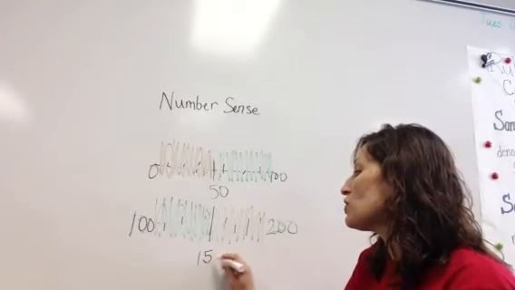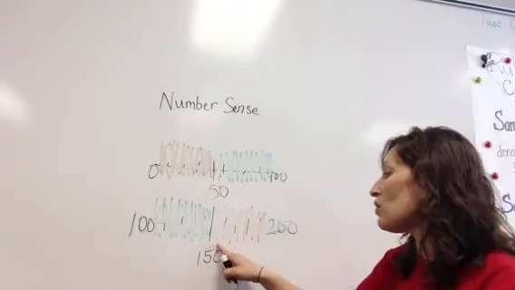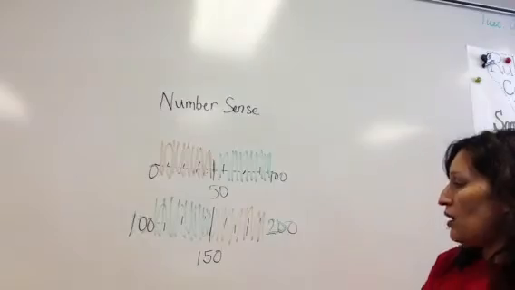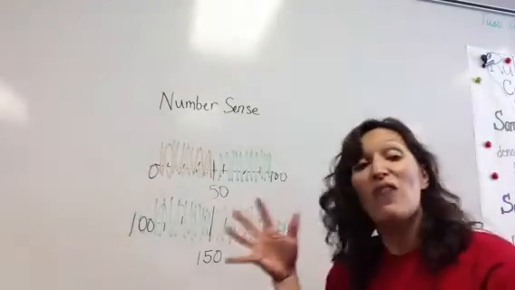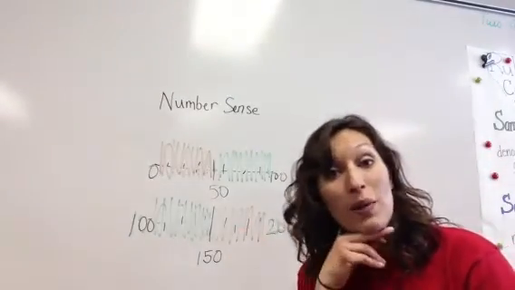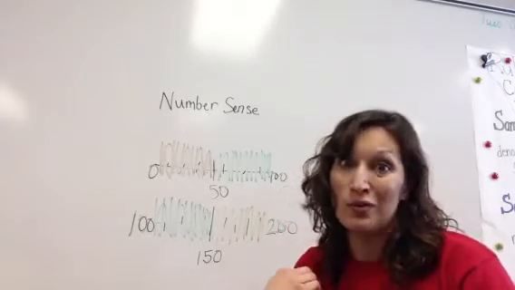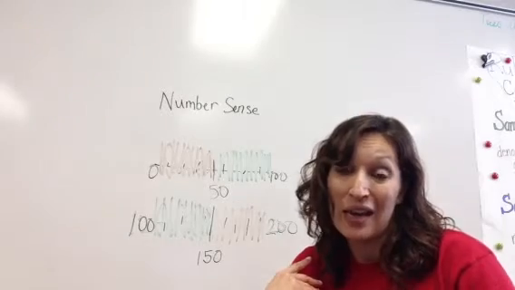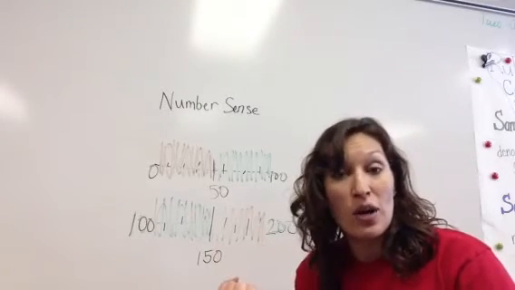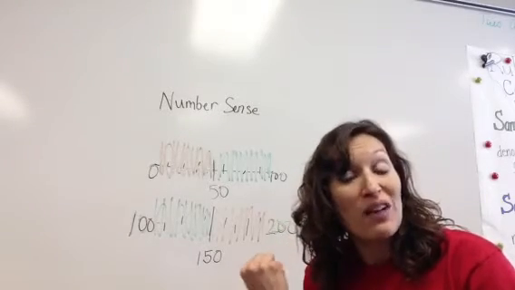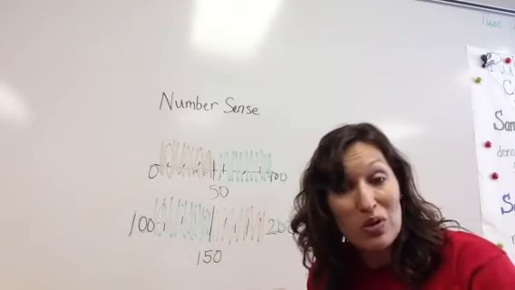So I'd have 150 in the middle between 100 and 200. Okay, so you're seeing that that 5 is super important. That's probably why we have you count by 5s. We know that 10 is super important. My favorite number in the whole world is 10 because it's how we break a lot of our numbers up to make sense of them. If you understand 10 and you understand 5, you can understand the whole system of numbers.